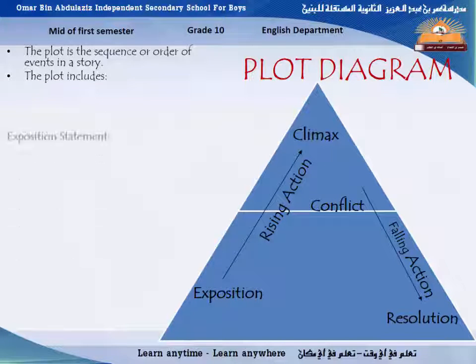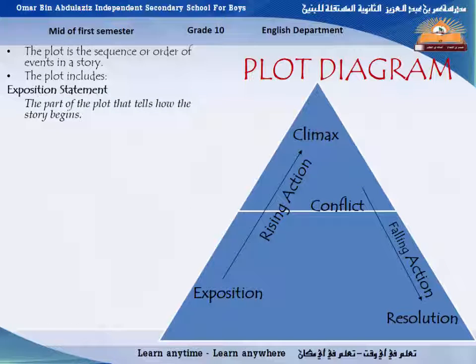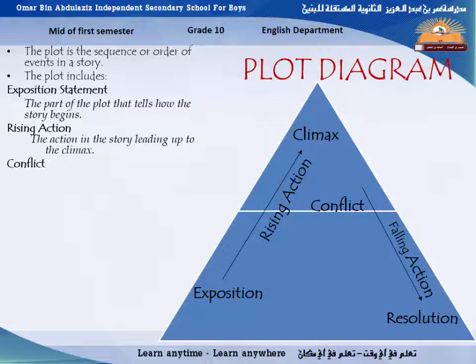The plot includes the exposition or the introduction, the part of the plot that tells us how the story begins. Rising action is the action in the story leading up to the climax. The conflict is the struggles or problems between the opposing forces in the story.